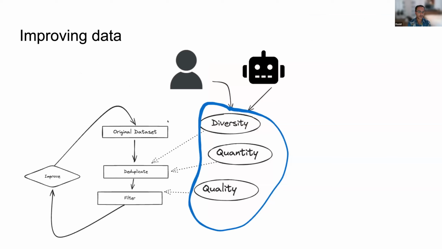So when you're working on improving your data, it's an iterative process where you have your original dataset and you add some things to assess diversity, dataset quantity, and dataset quality. You do deduplication, filtering, and these kinds of things. And you throw some human feedback, but also AI feedback in the mix to make it more and more intuitive and smart.